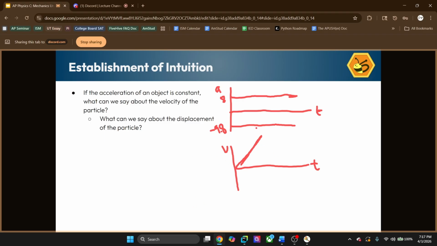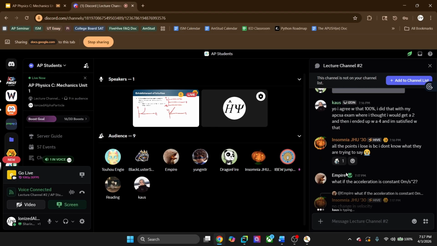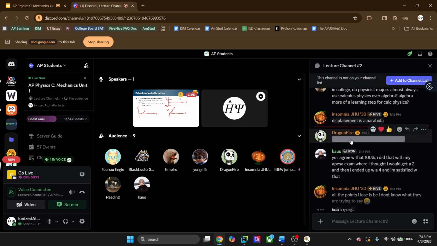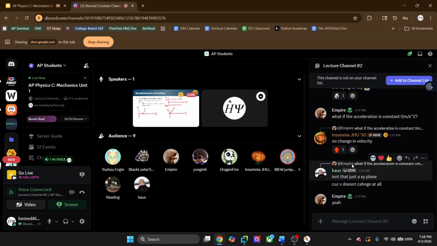And since we know that the velocity is the slope of position, we know that the position graph has to be a curve, because the derivative of a curve is defined by a diagonal line, so it could look something like this, a parabola, perchance. Yep, linear and quadratic.